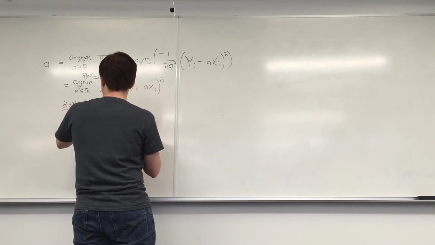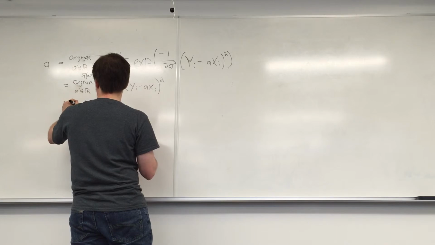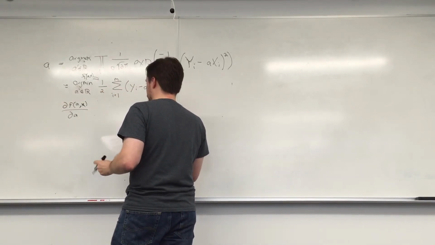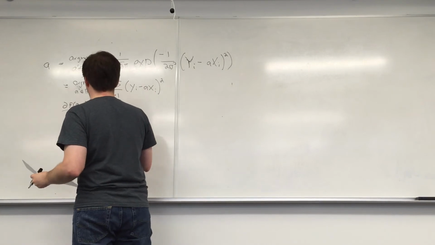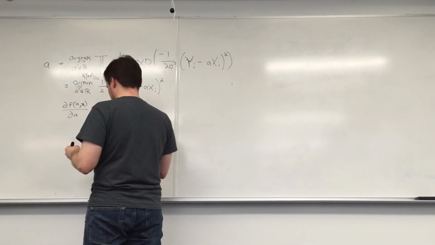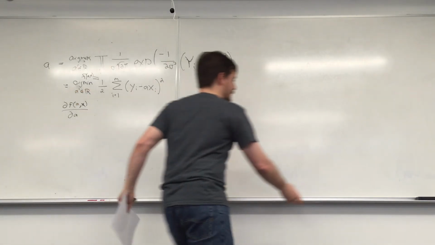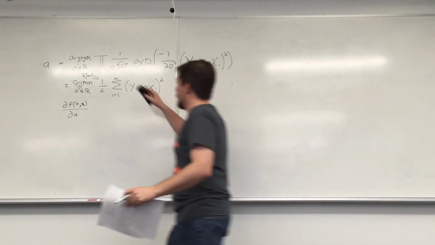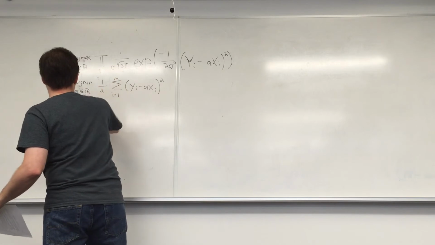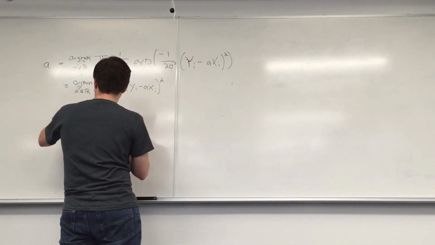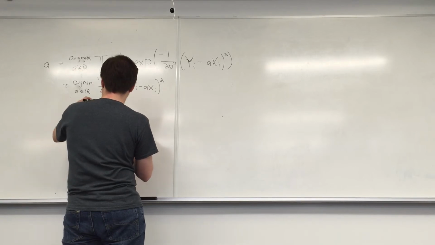Is it A comma X? Actually, I don't like my notation. Let me just do this instead. I think that'll just make it more confusing. I'll just drop all this and take the derivative directly. So d over dA of 1/2.